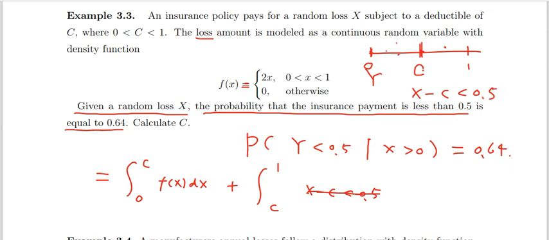So this means x is less than c plus 0.5, and also larger than c. So when x goes from c to c plus 0.5, in this case the payment is less than 0.5.